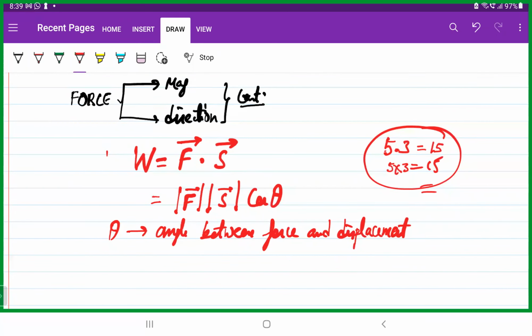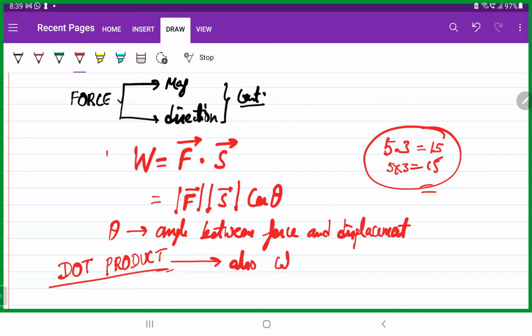Remember the quantity we get in a dot product will be a scalar quantity. So the dot product is also called the scalar product, because the quantity we get is a scalar.